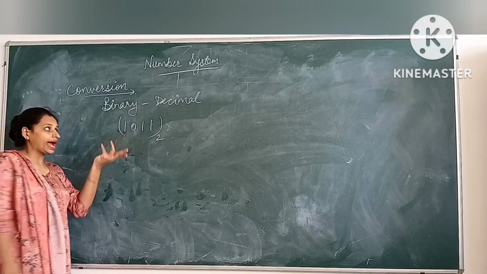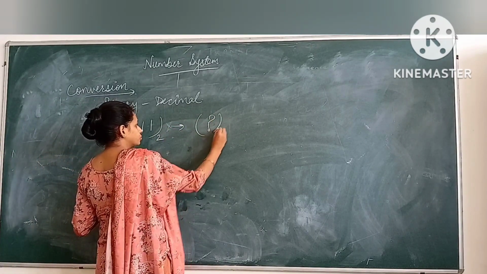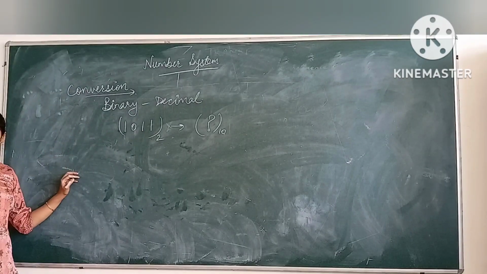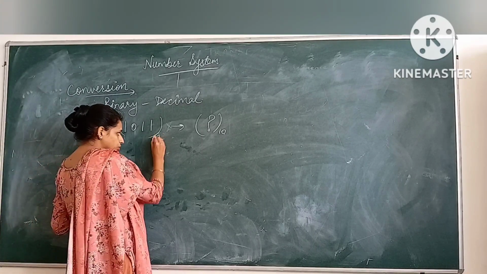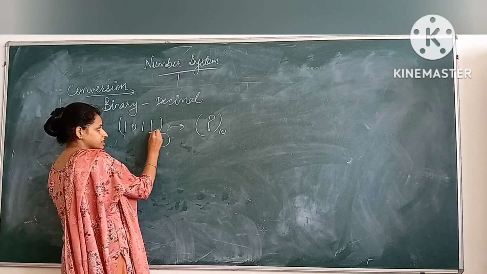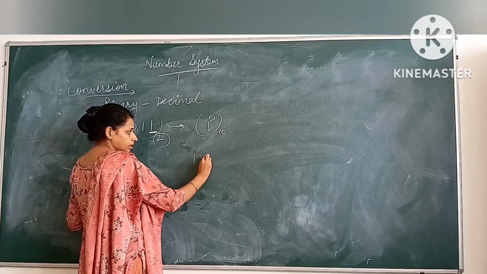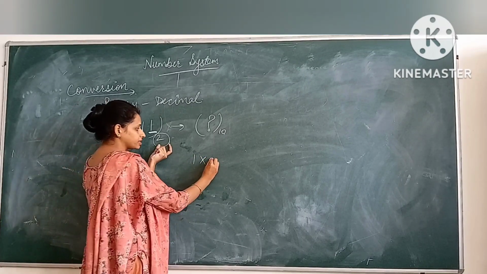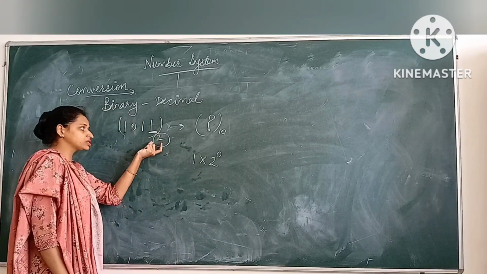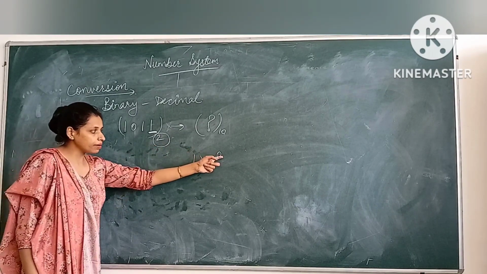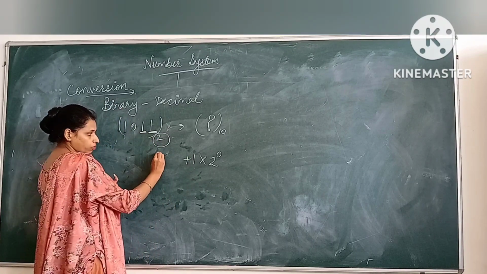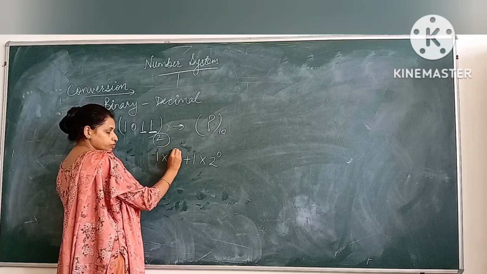Its base is 2, and we have to convert it into decimal. So how can we convert it into decimal? The base of binary is 2. Starting with the LSB, with this bit 1 into base of this binary, 2 raised to power 0. We have to use this base with powers in increasing order. Then plus next bit 1 into 2 raised to power 1.